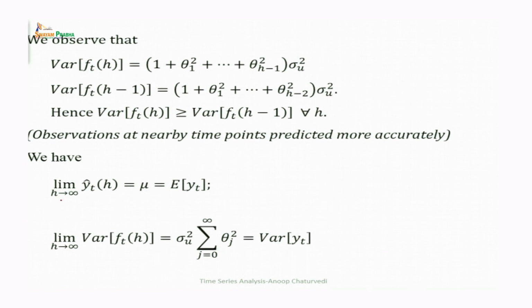Again, if you take limit h tending to infinity, then y hat_t(h) tends to mu, means expectation of y_t. And if you take limit h tending to infinity, then variance of f_t(h) tends to sigma square u summation j equal to 0 to infinity theta_j square, or this is equal to variance of y_t.